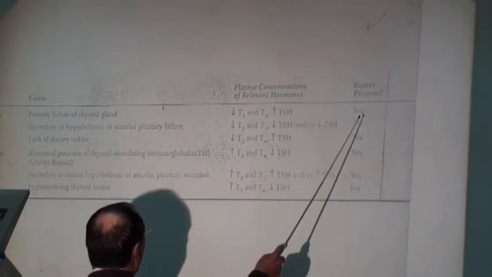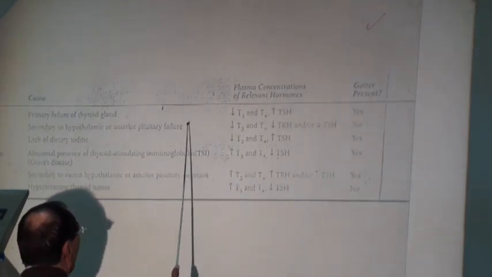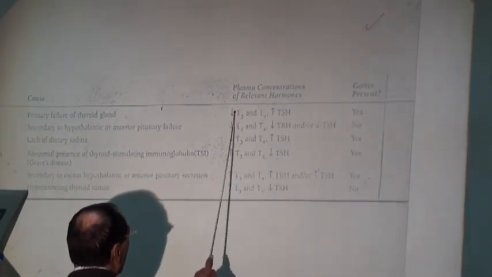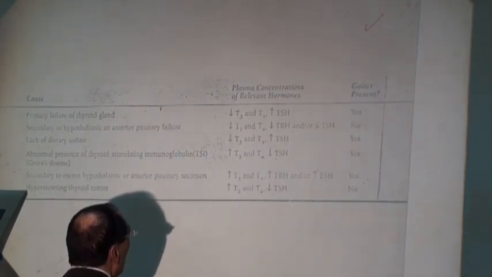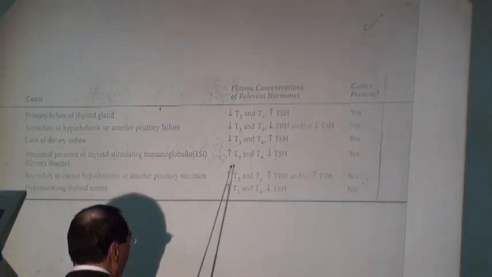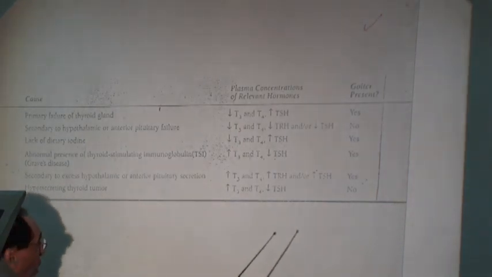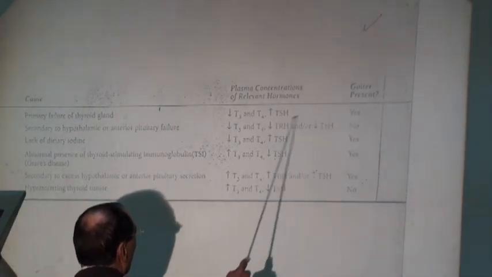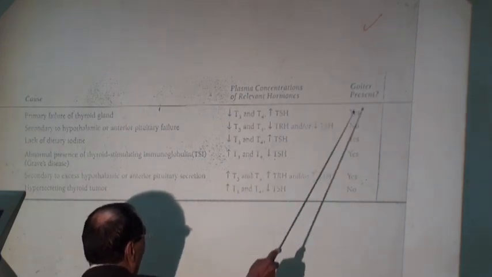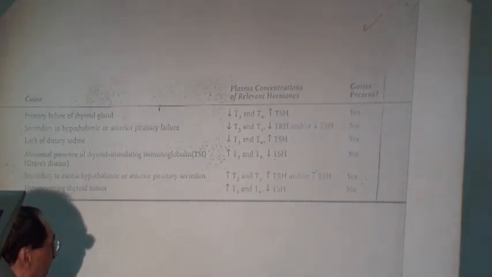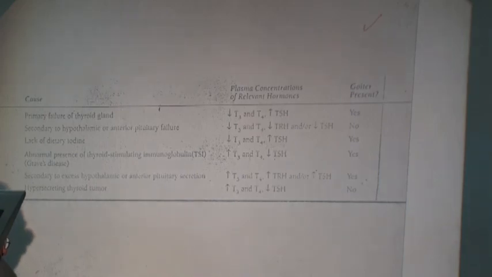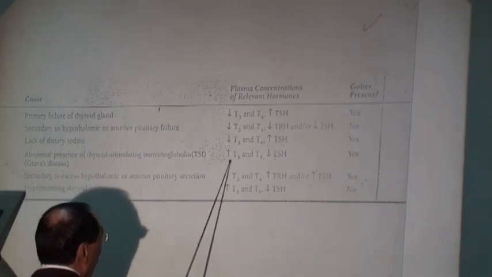You see, there are goiters when T3 and T4 are low and when T3 and T4 are high. The goiters when T3 and T4 are low are benign, non-malignant goiters.